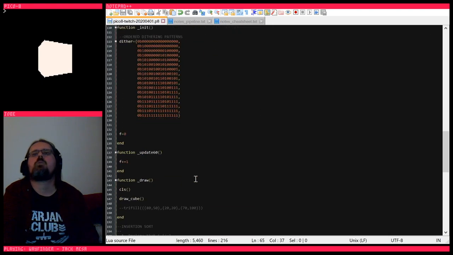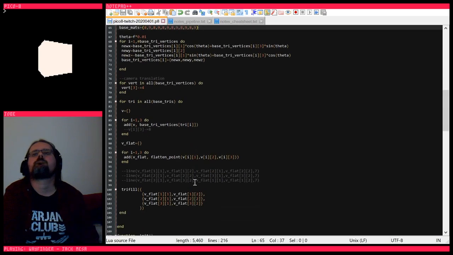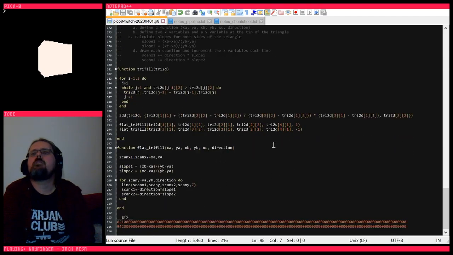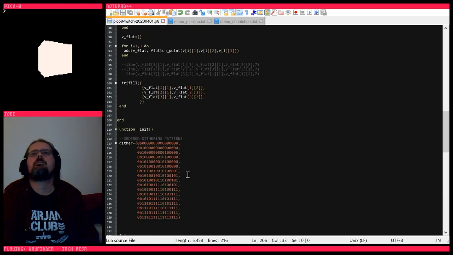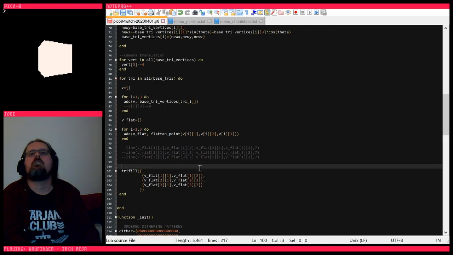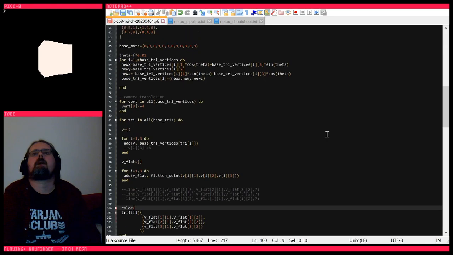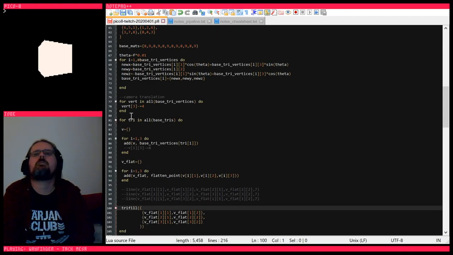Okay, so now what can we do with that? So now we'll remove this color definition here. Instead, we're going to define color before we call the triangle filling function. So color base, oh yeah, now we need to do things a bit differently.